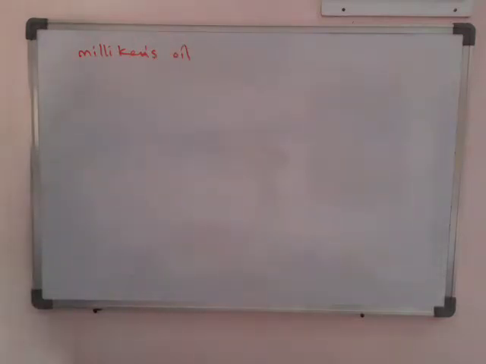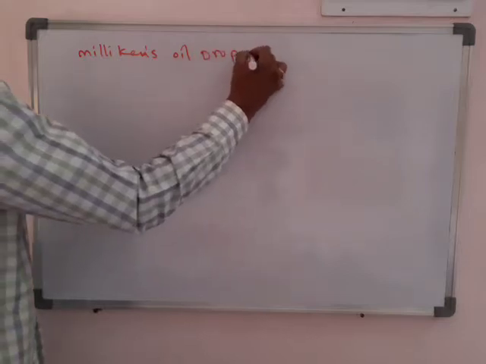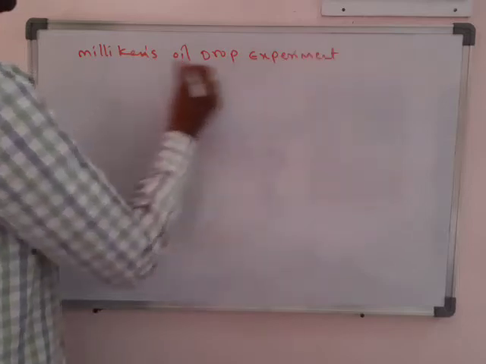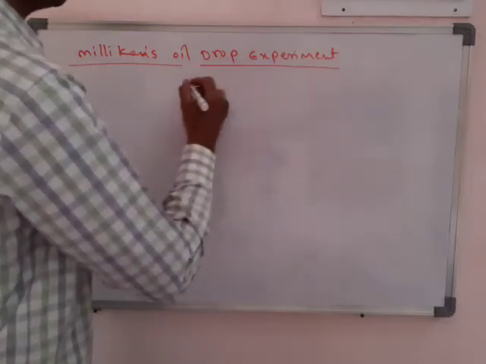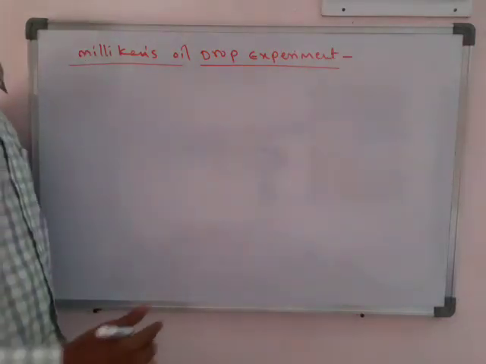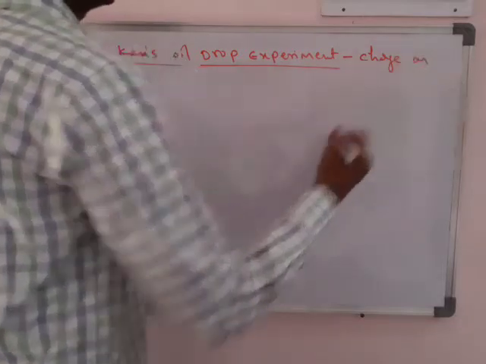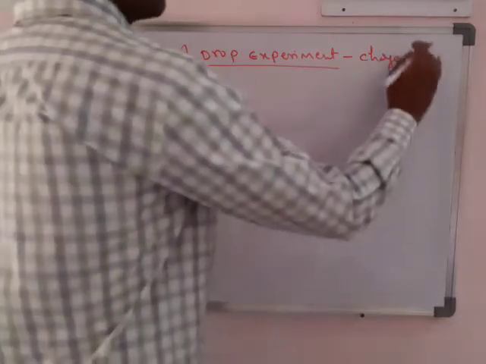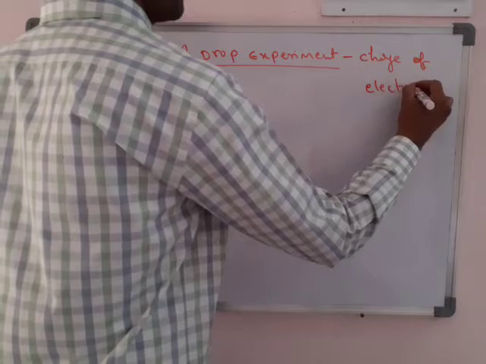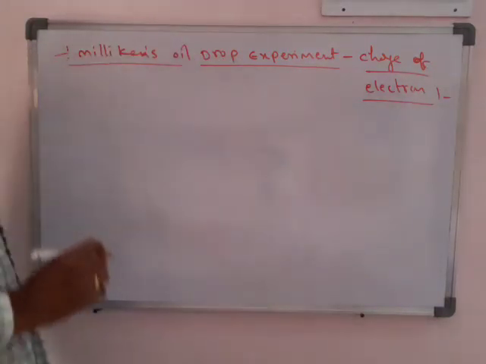The purpose of Millikan's oil drop experiment was to get the charge on electrons, the charge of an electron.